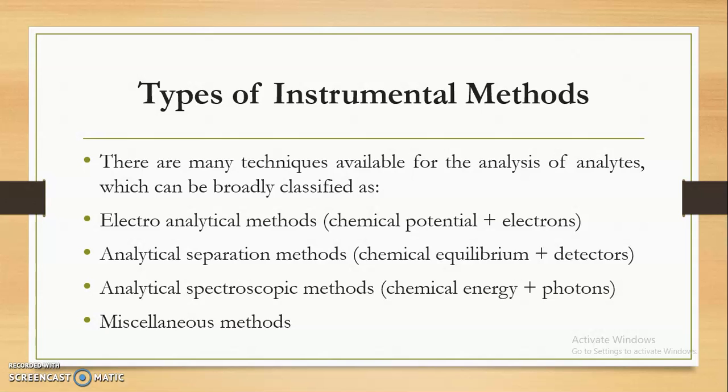electroanalytical method. Now all these methods are based upon the analytical principle, that's why they are known as the analytical methods. In the case of electroanalytical methods, we will be measuring either current or potential, that is the chemical potential, and they are majorly based upon the electrons that are present in that particular analyte, or as I said, the substance that is to be analyzed.